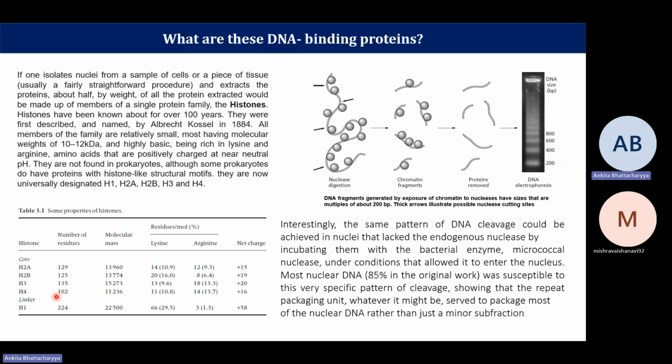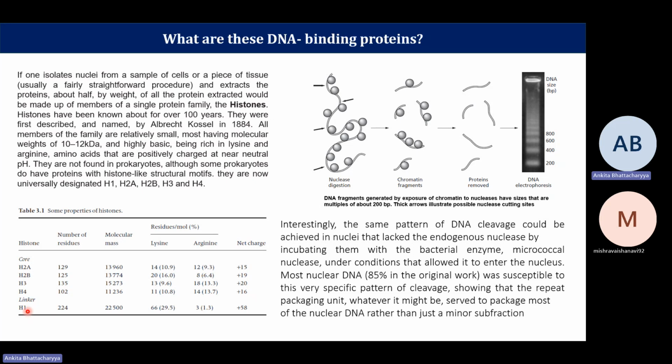Therefore, their molecular mass also varies accordingly. And you can see the percentage of residues which are constituted by lysines and arginines for each of these types of proteins, and these, as you can see, predominate within the entire cellular population. And therefore, the net positive charge that they carry at physiological pH is also positive and around 15 to 20 in most cases.